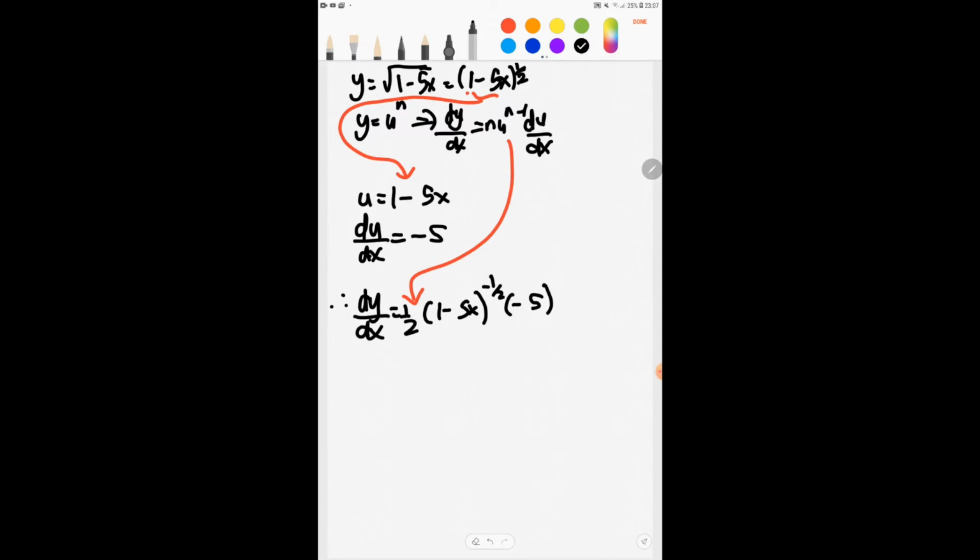If we write it back, we can write it as negative 5 over 2 (1 minus 5x) powers of half, or we can also write as negative 5 over 2 square root of 1 minus 5x. So that is the dy dx for this question.